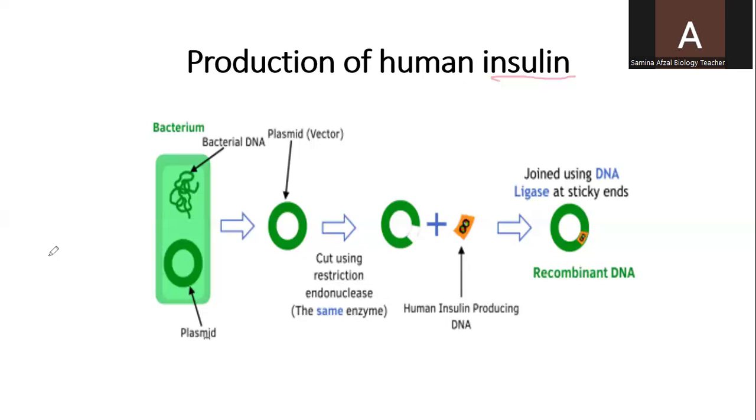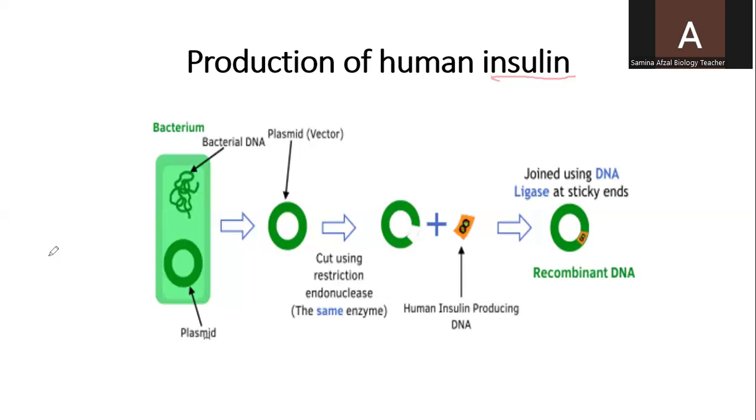Those persons are unable to produce insulin, or insulin is produced in very small quantity. Why do they not produce insulin? Because their pancreas cells are damaged due to some reason, or there can be some other reasons due to which they are not producing the insulin. So at that time, the insulin can be manufactured by this process, and it can be taken as an injection.